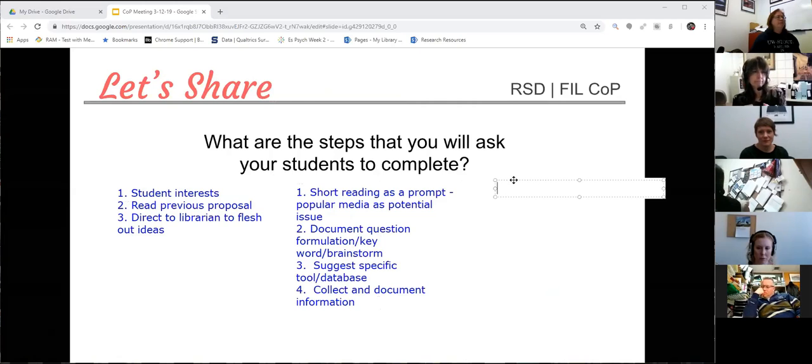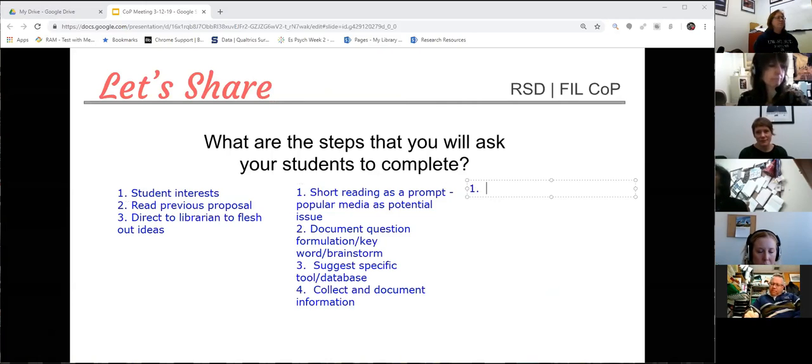Somebody else want to go? I can share. I was thinking about the assignment that we often get as librarians, that students will receive: research a topic in databases, find scholarly sources, write a paper.